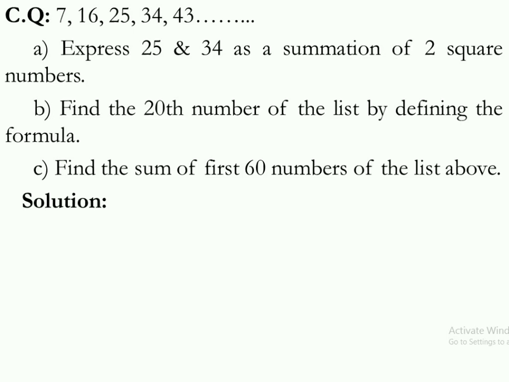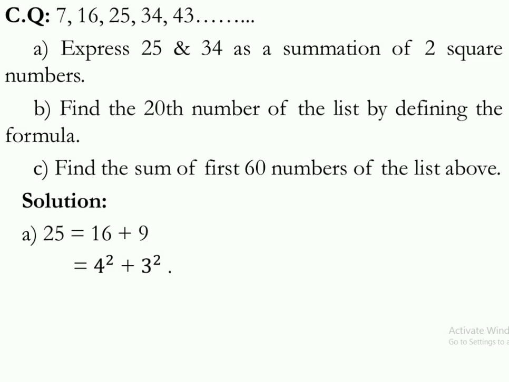At first let us see how we can express 25 as a sum of two square numbers. 25 can be written as 16 plus 9. From here we can easily see that 16 is the square of 4 and 9 is the square of 3. So it can be written as 4 square plus 3 square. So here it is, 25 expressed as the sum of two square numbers.